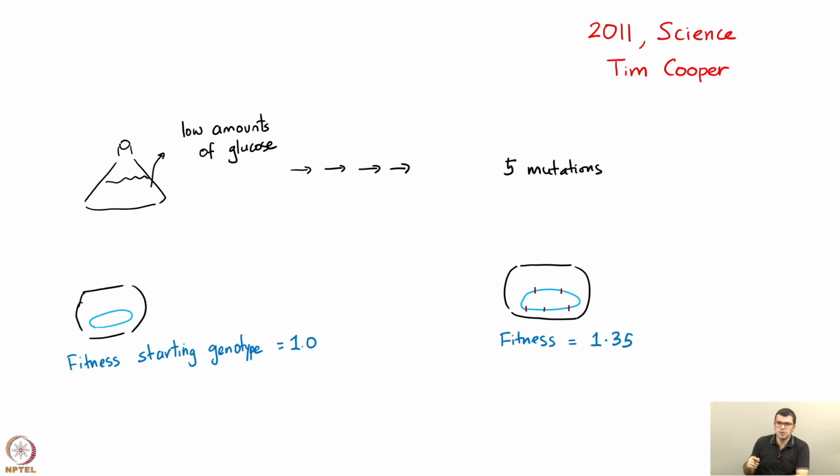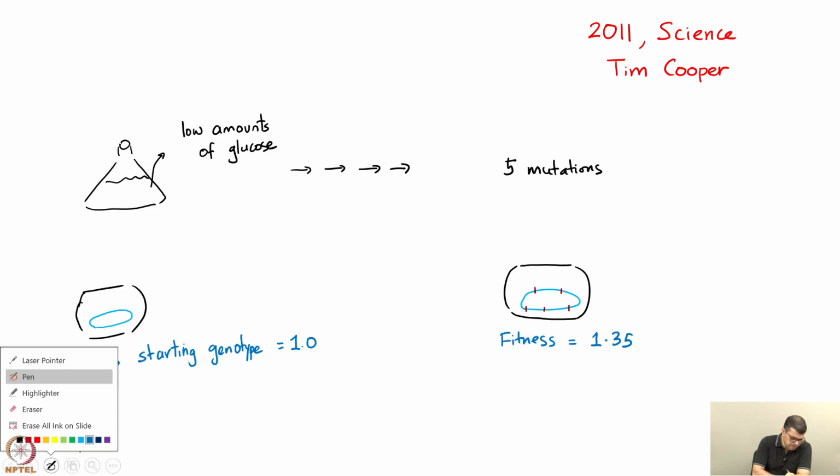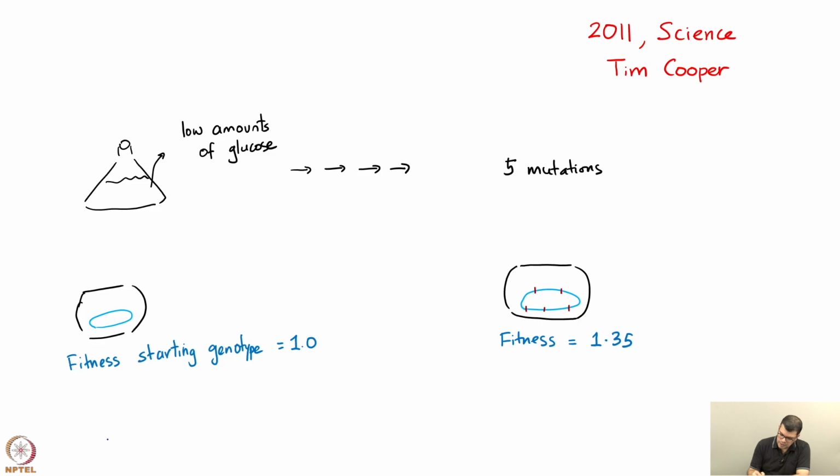I want to give a sense of what is the nature of genes that are targeted in a process like this. We will not get too much into the details of what the mutations were doing, but we want to list the names of the genes in which these mutations occurred. And the order in which they occurred in the experiment is the following.